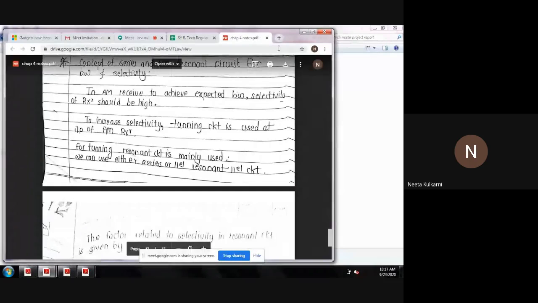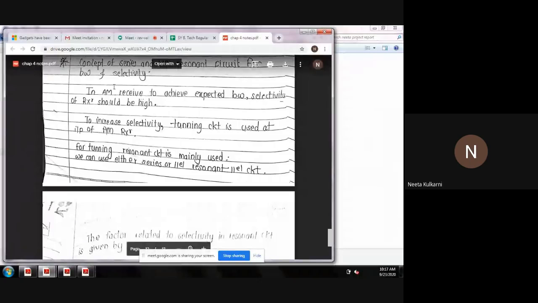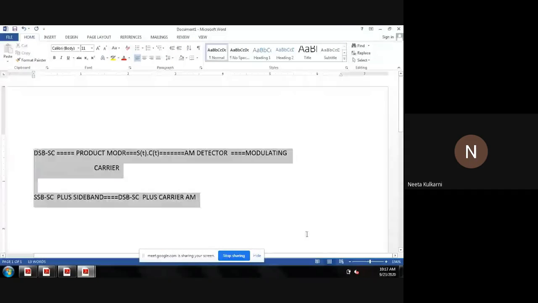And for tuning mainly there is a combination of 3 components used. ट्युनिंग साठी जे आपण सर्किट यूज करतो त्याला म्हणतो आपण resonant circuit, or it is called resonance circuit, which is used for tuning. So in AM, to receive the expected bandwidth and selectivity, the receiver is using this synchronization process, and the circuit used for this synchronization process is called the resonance circuit.